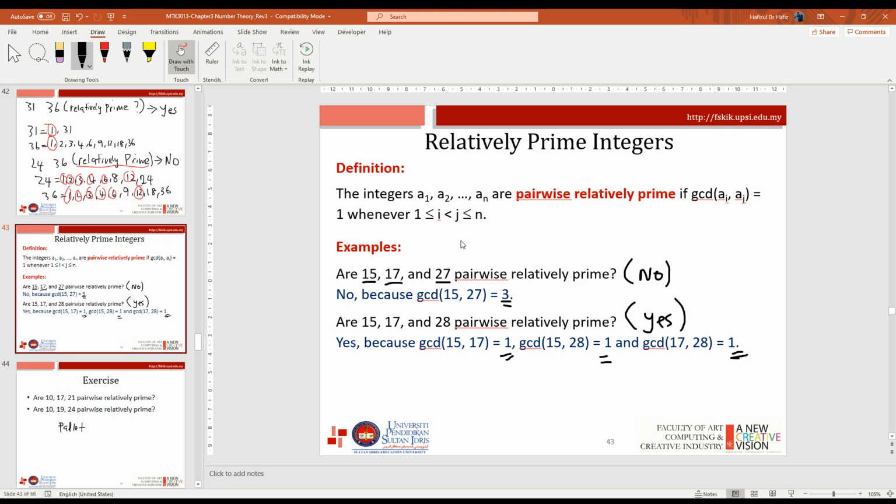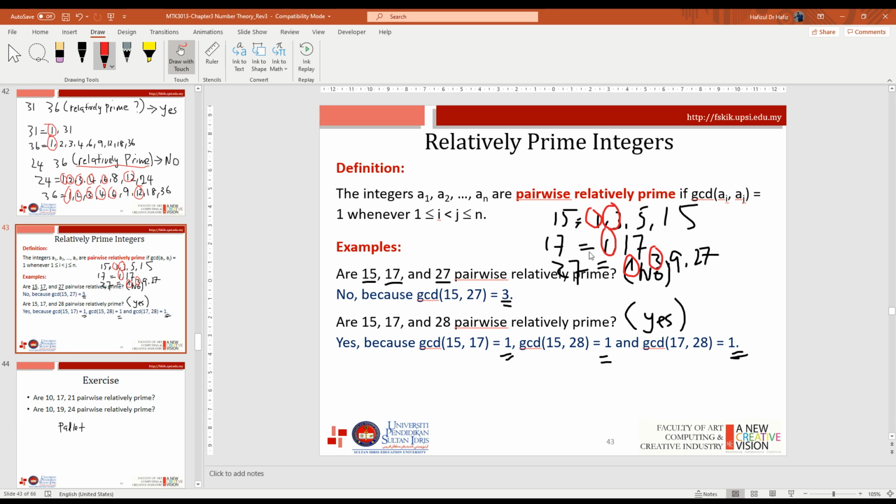For 15 and 27: for 15 we have 1, 3, 5, 15. For 27 we have 1, 3, 9, and 27. Common factors are 1 and 3.